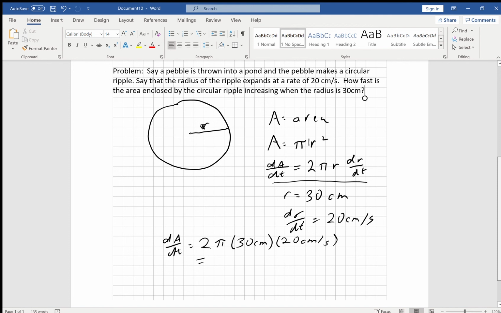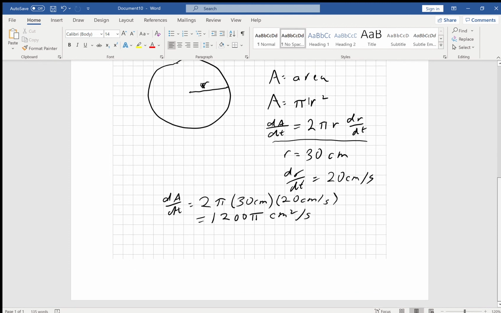So if you multiply the 2 and the 30 and the 20, you get 1,200 times, there's still a pi there. And if you take centimeters and multiply it by centimeters per second, you end up with centimeters squared per second, which is in fact a unit of the rate of change of area as a function of time.